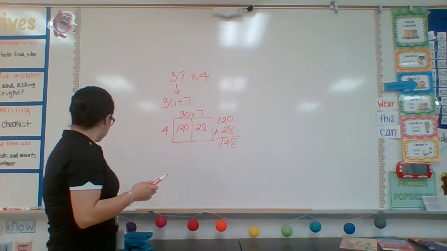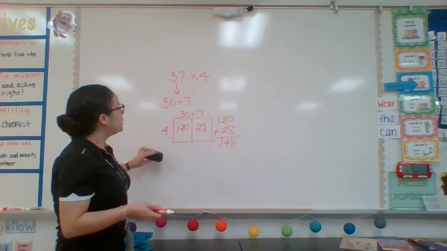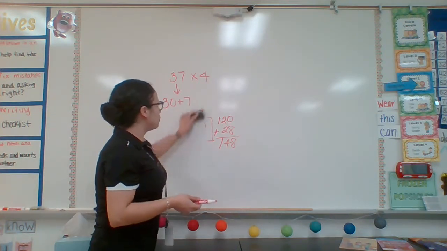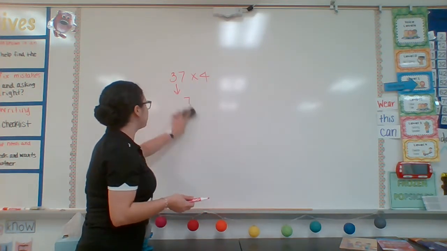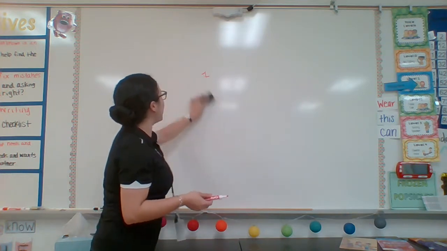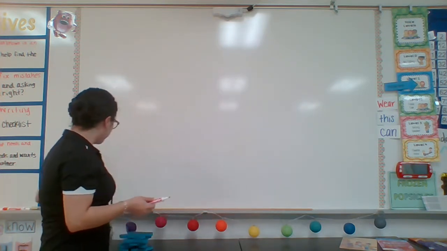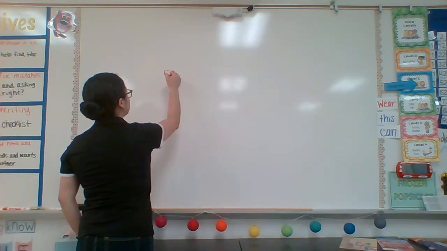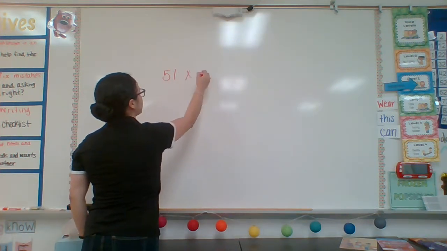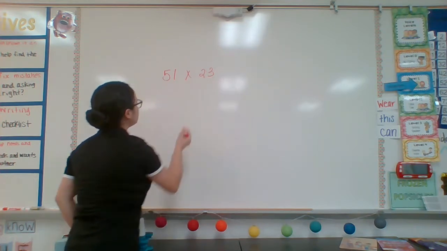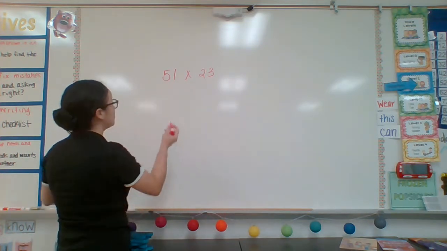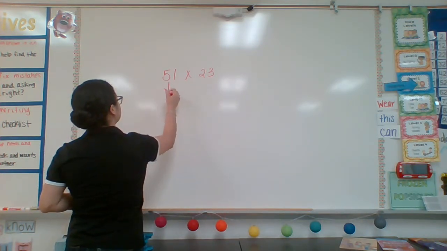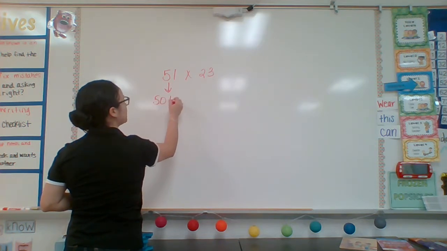For a double digit by a double digit, the only change would be that you make your box bigger, obviously, and you have to write both numbers in expanded form. So for example, if we have 51 times 23, we write this number in expanded form, which is 50 plus 1.